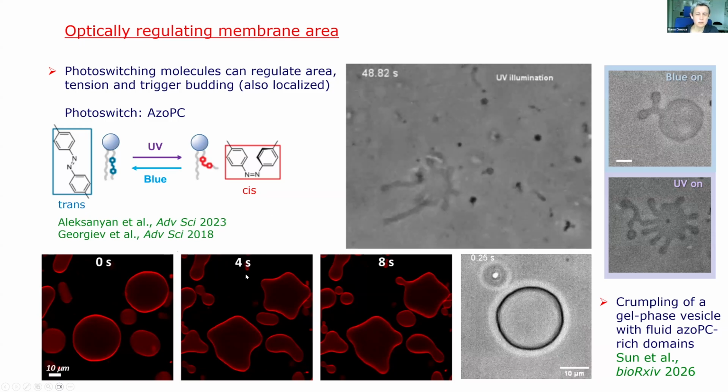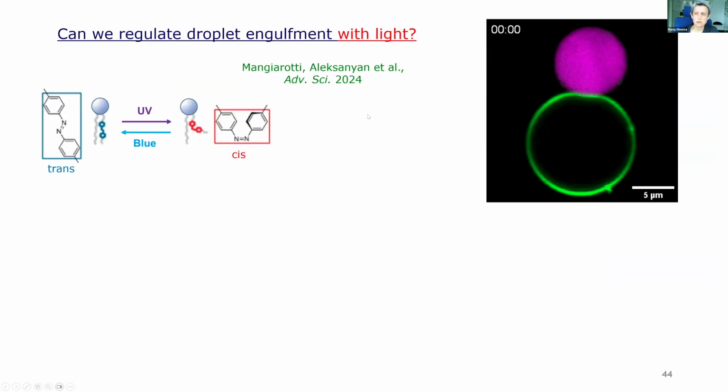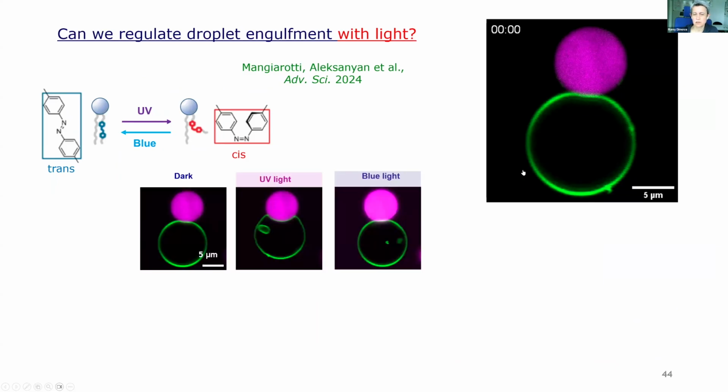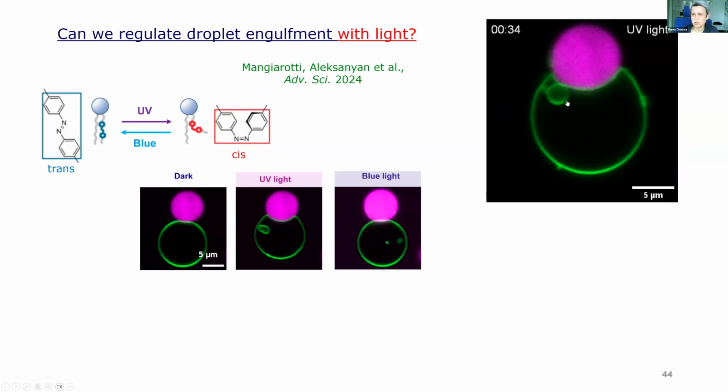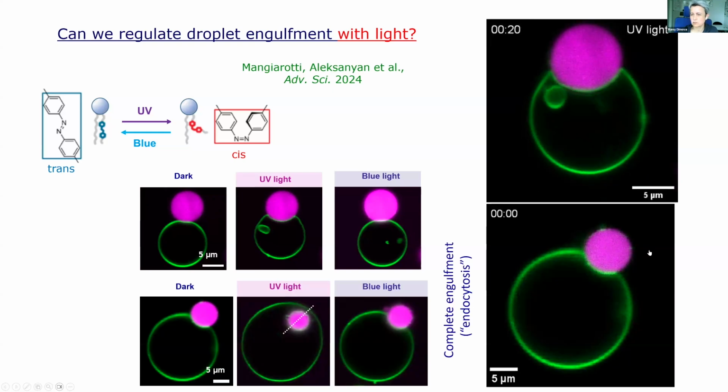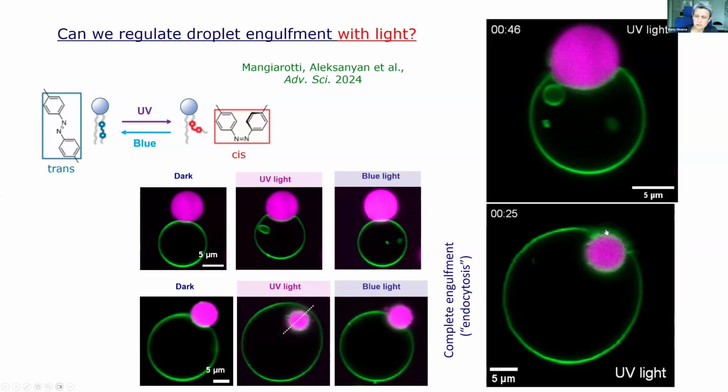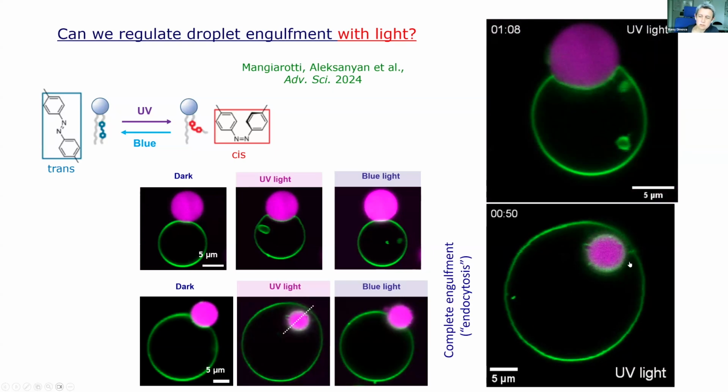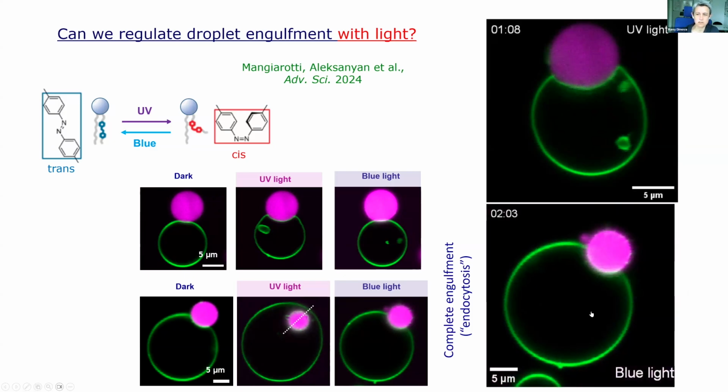The point is that you can increase the area of the vesicle with light, and this can increase the contact area with the condensate. And this is seen with this movie. So you shine light, you increase the contact area, and this is fully reversible with blue light, to the extent that with UV light, you can completely engulf a condensate and then spit it out when you shine the blue light in the vesicle retraction area.